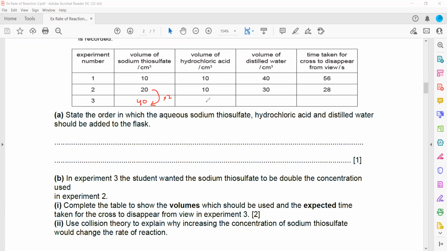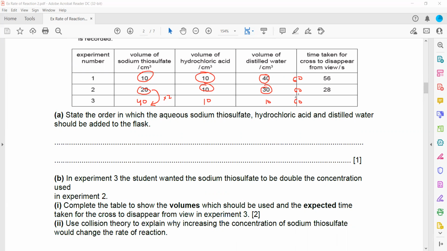The hydrochloric acid amount is not changed, so it is 10. Now what should be the amount of the water? The total volume was 60 in each case, 10 plus 10 plus 40, and 20 plus 10 plus 30. Same way, 40 plus 10 plus 10, so the total volume will be 60.